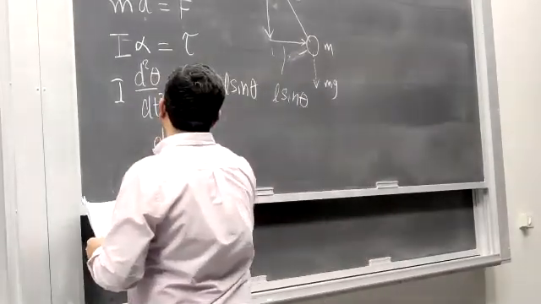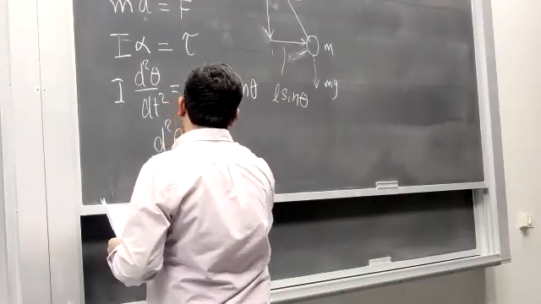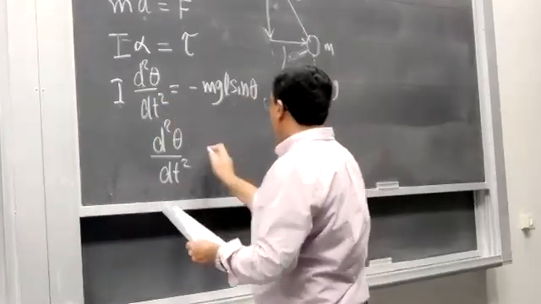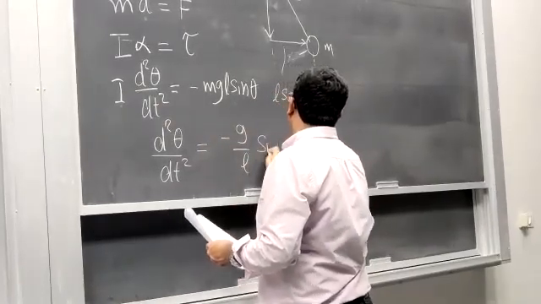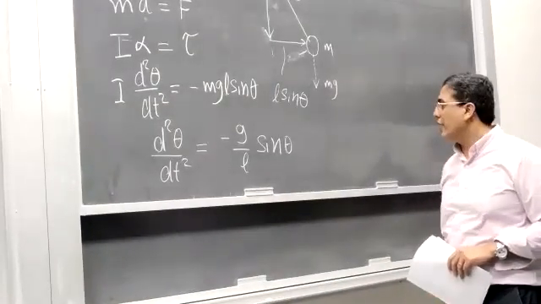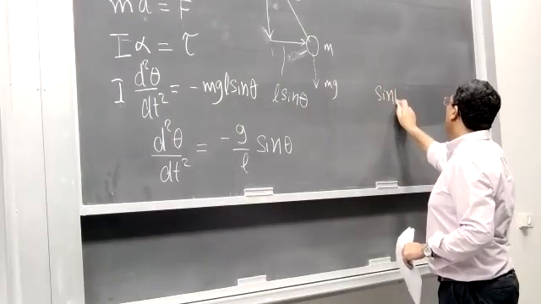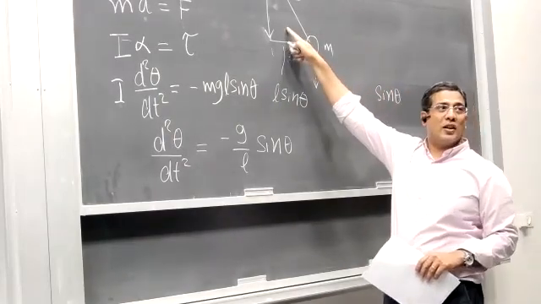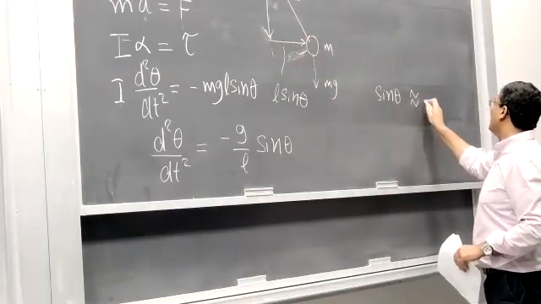This becomes d square theta over dt square equals minus g over L sine theta. Now let's say that this theta is very small. In the small limit, sine theta is equal to theta, you know this?